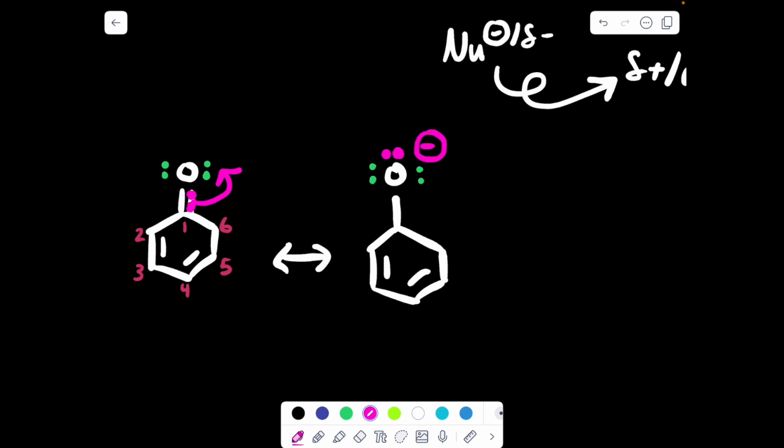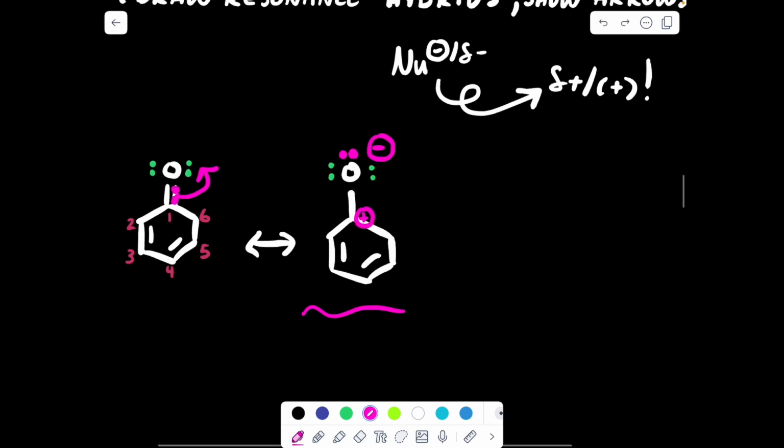The oxygen gains electrons, becomes negative, and carbon number 1 loses electrons, becomes cationic. So then we say, okay, this could be resonance hybrid number 1. This places a positive charge on carbon number 1. So a nucleophile could come in and go, bada bing, I like you, and attack it because opposites attract.